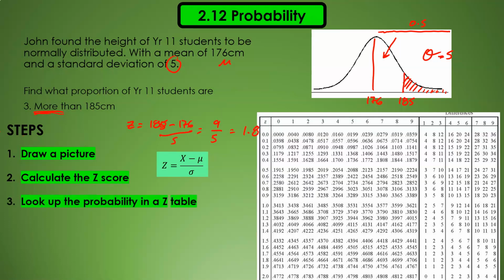Third step, from the table, 1.8 and 0 gives us 0.4641.